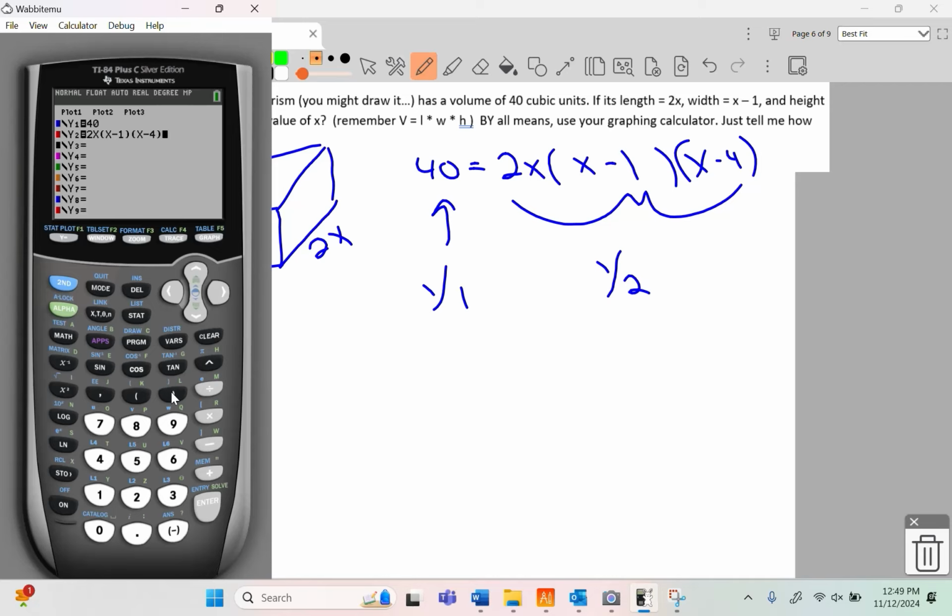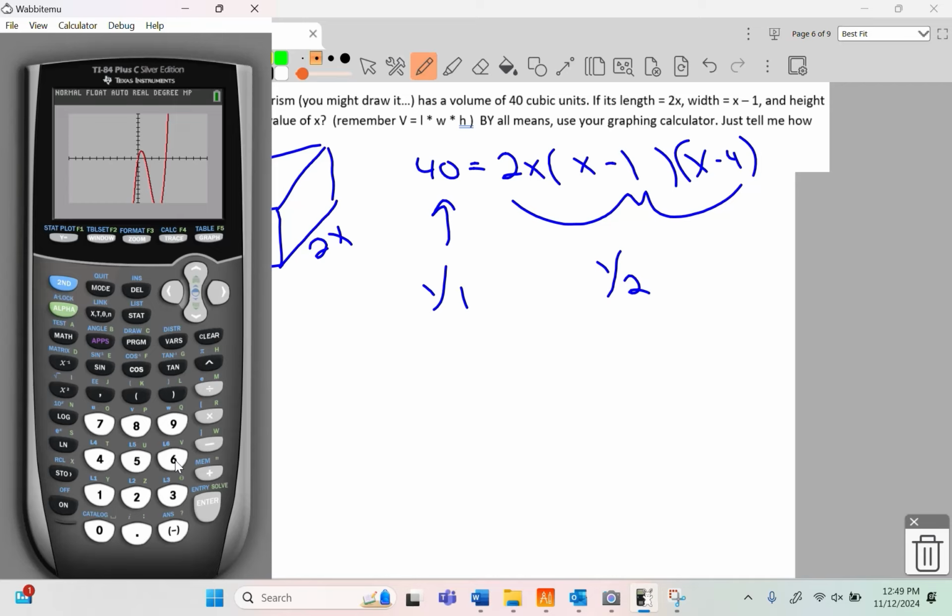How do you zoom? Zoom out. Zoom 6. You know why you don't see anything? You might see something, but if you're using a calculator to solve, don't you see intersections?